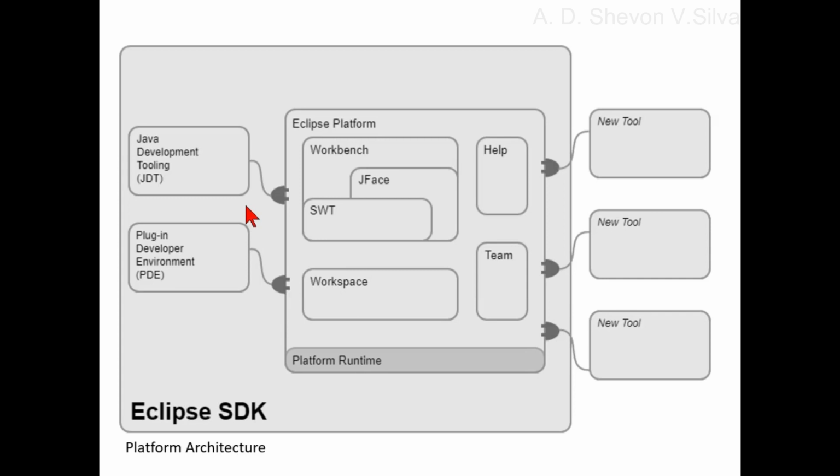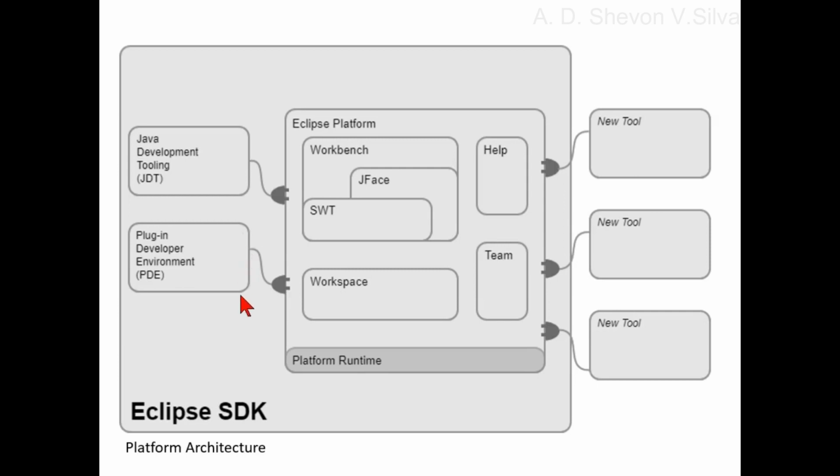The JDT is installed as a set of plugins that are included in the SDK. The Java Development User Guide describes how to use the Java tools. The JDT plugin developer guide in the documentation describes the structure of the API of the JDT.